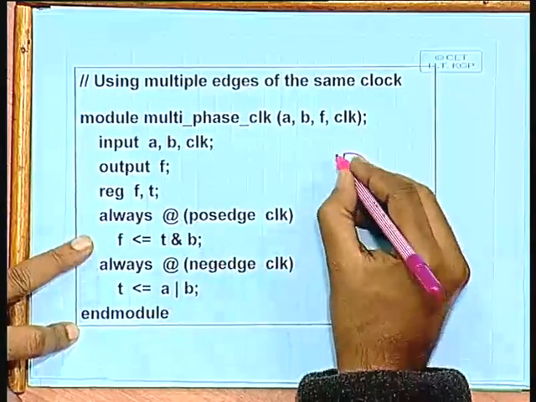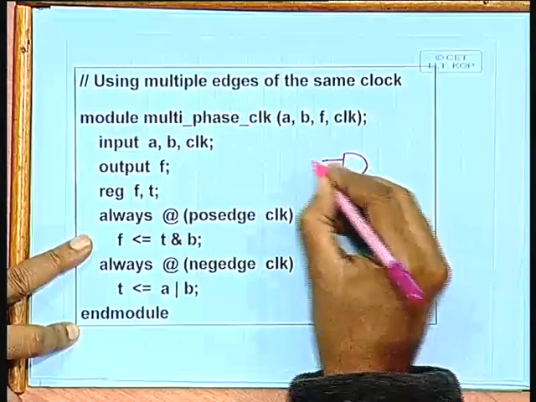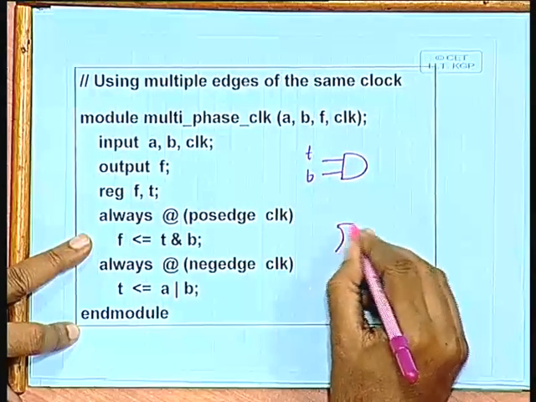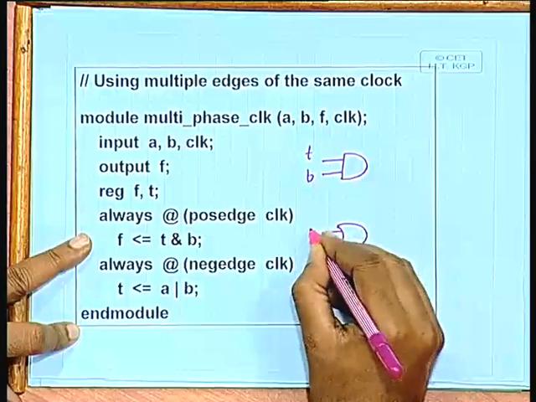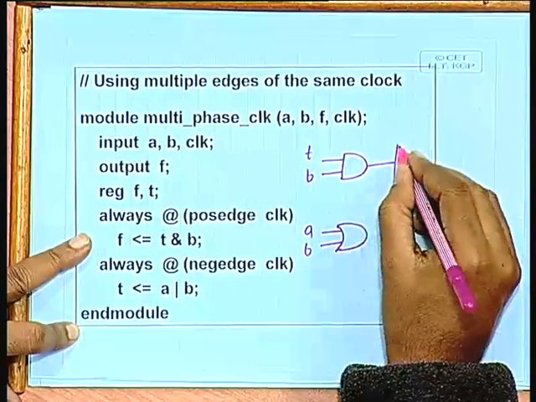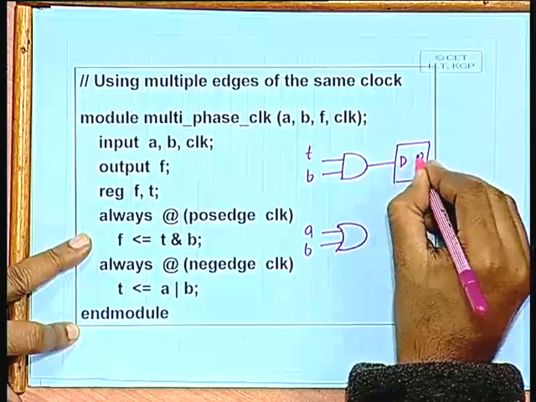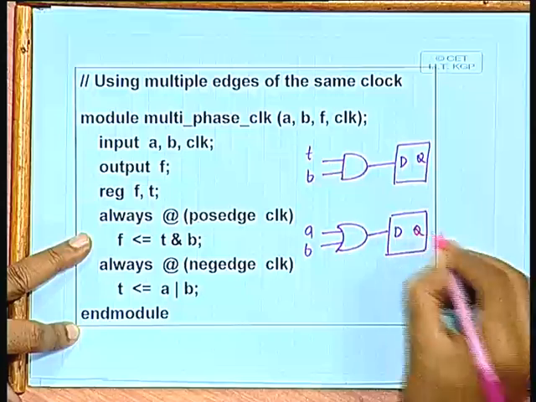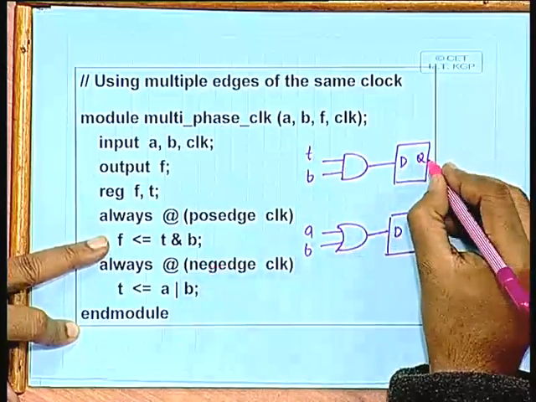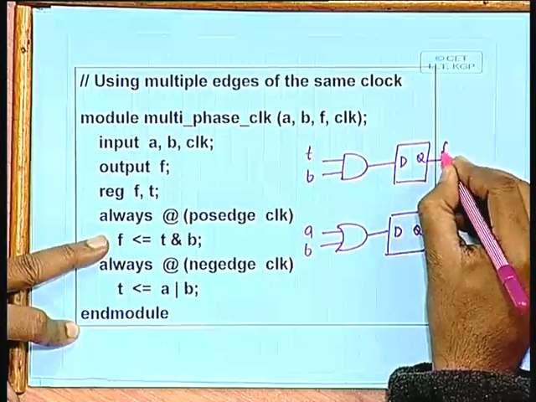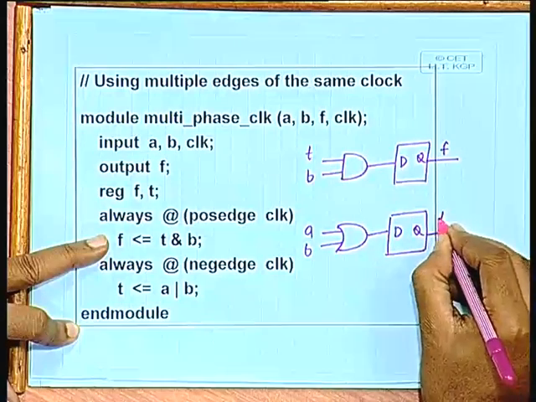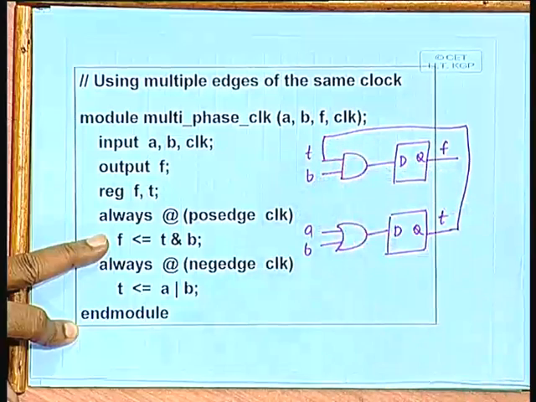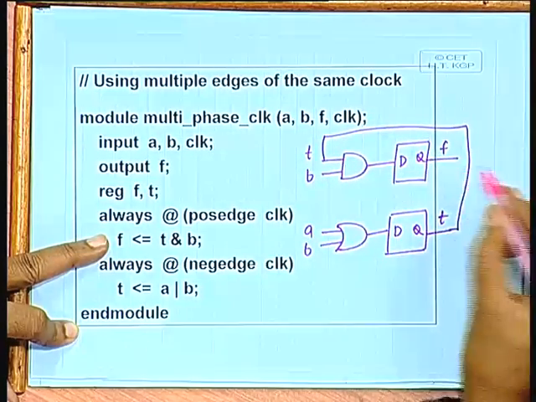You have an AND where the inputs are T and B. This is T and this is B. You have an OR, this is A and B. This will be one flip flop, this will be another flip flop, and the first one will be generating a value called F, the second one will be generating a value called T. This T will be fed back here, and this F will be going out.